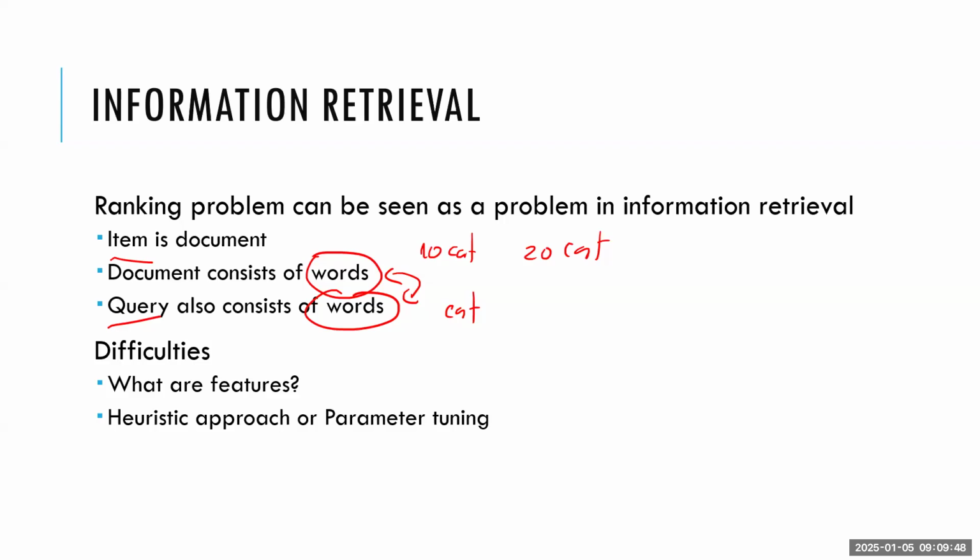You don't have actual data. For example, you don't know that maybe this query matches this particular document more than another document. You just assume that a document with more words relevant to your query is more likely to be relevant to the query that you asked.